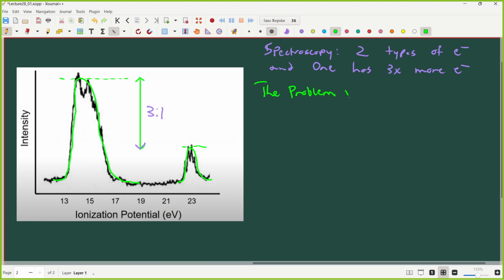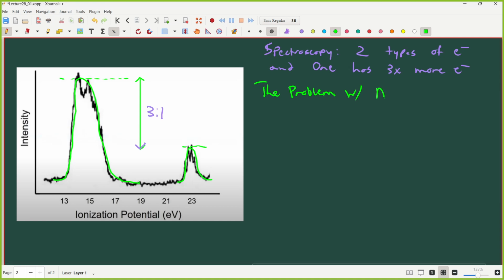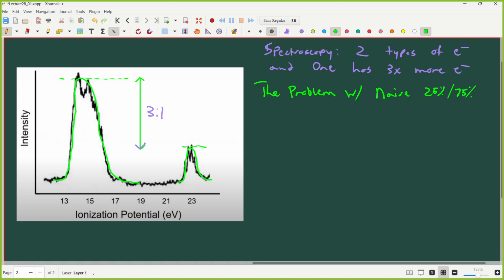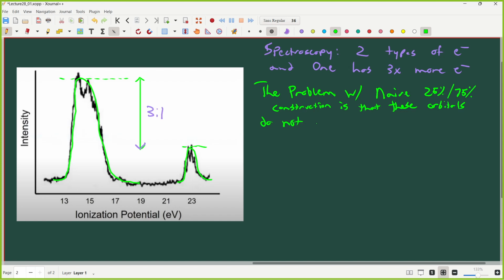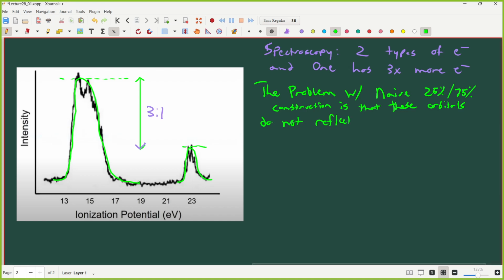The problem with the naive construction, 25%, 75% construction, is that these orbitals do not reflect the tetrahedral symmetry of methane.